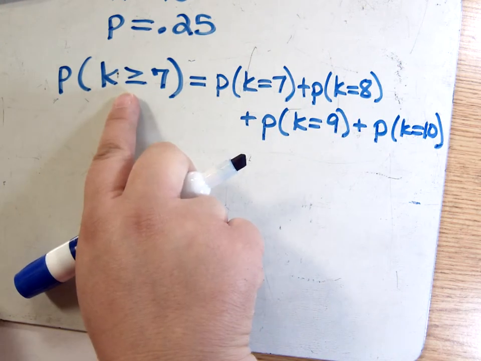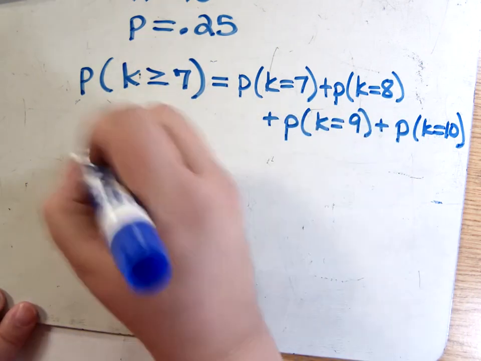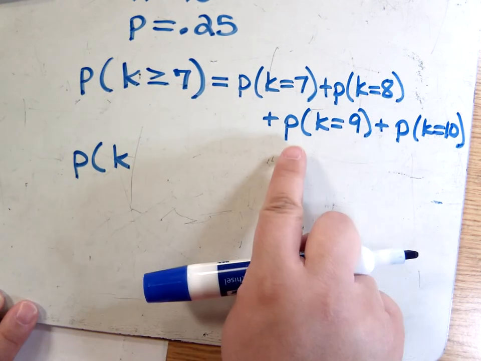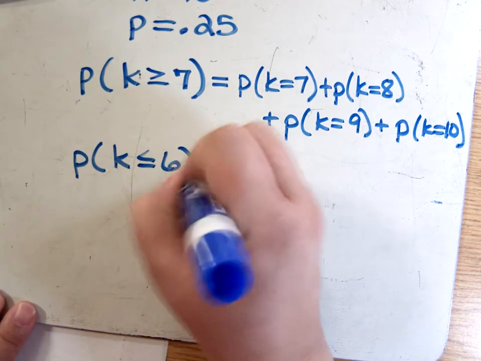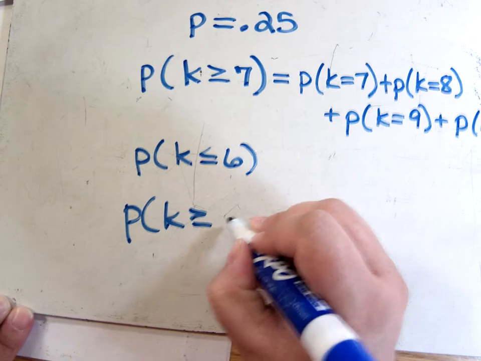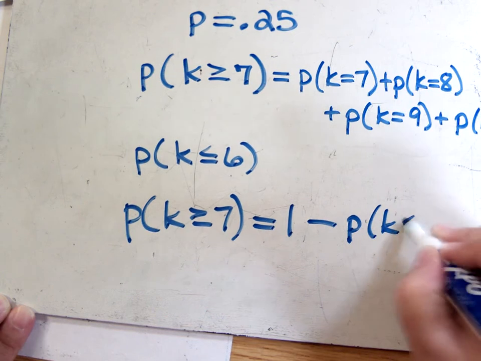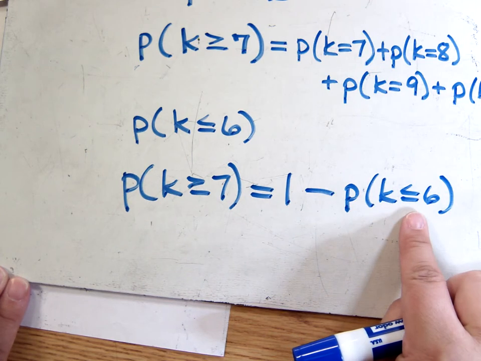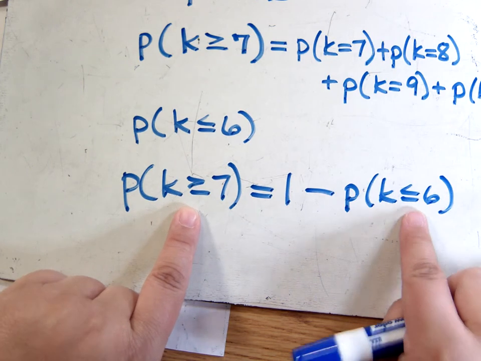So if we want to go to the left, that means we have to consider the opposite of this, which is the only possibilities that aren't here: 6, 5, 4, 3, 2, 1, 0. So k is less than or equal to 6 would be the complement of that set. In other words, if I want the probability of k greater than or equal to 7, I subtract from 1 the probability that it's less than or equal to 6. Because together, the probability that's less than or equal to 6, which is 0, 1, 2, 3, 4, 5, 6, and the probability that's greater than or equal to 7, which is 7, 8, 9, 10, those together make up 1.